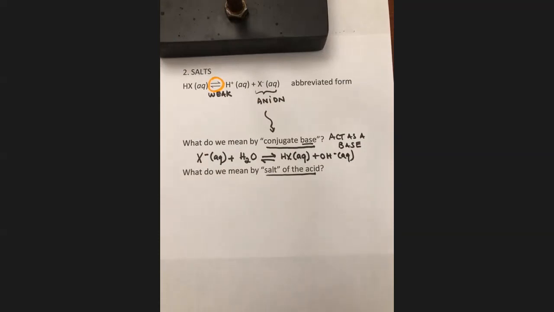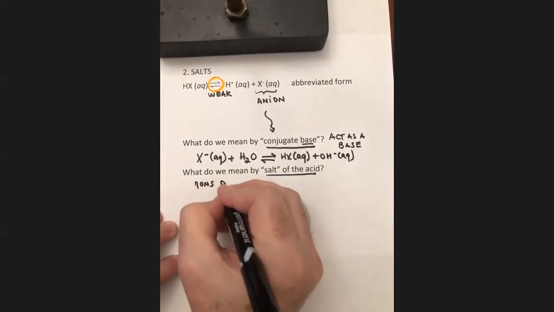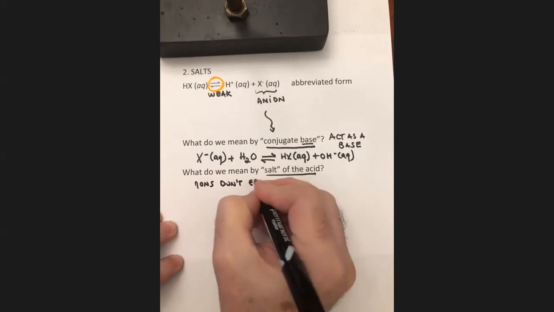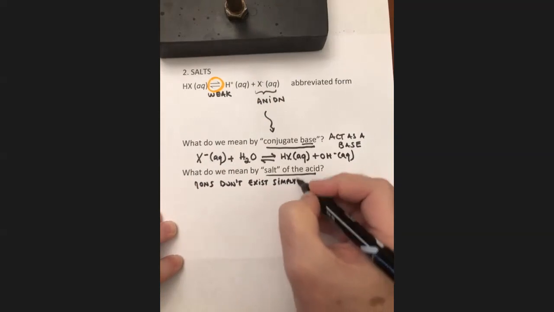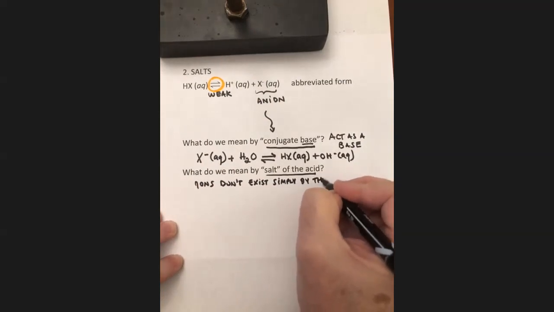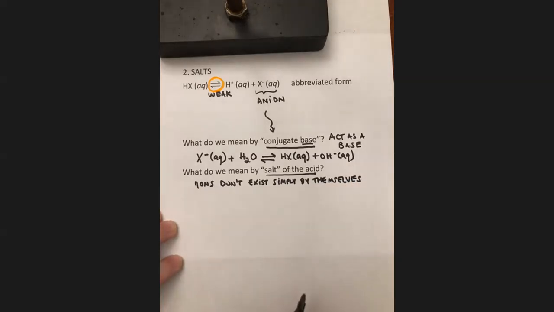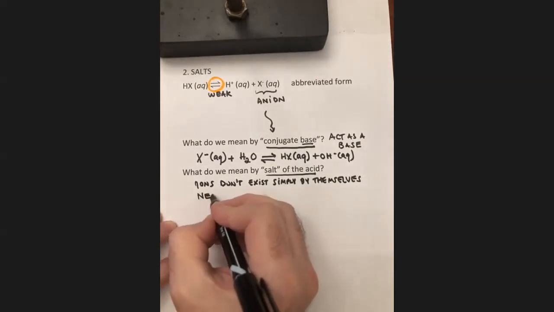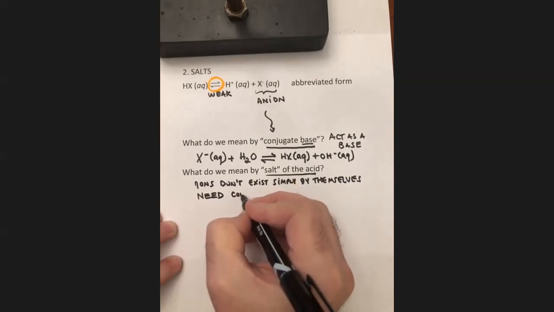Well, you've got to remember from your Chem 1A or similar class that ions don't exist simply by themselves. They need an opposite charge in order to balance out. So I need, in this case, a countercharge.